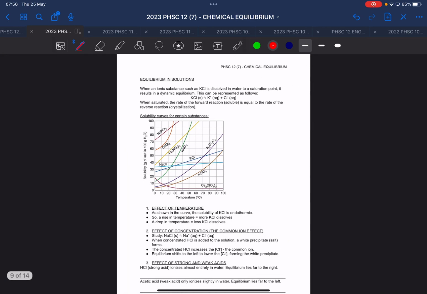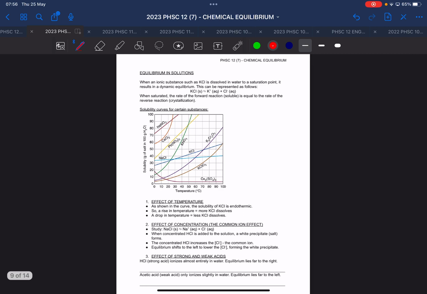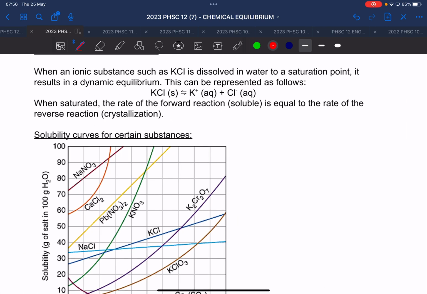Okay, then a last thing that they can ask, they don't ask that often, but they can ask, is if you look at salts, when salts dissolve in water, and I give you any salt, I give you potassium chloride.